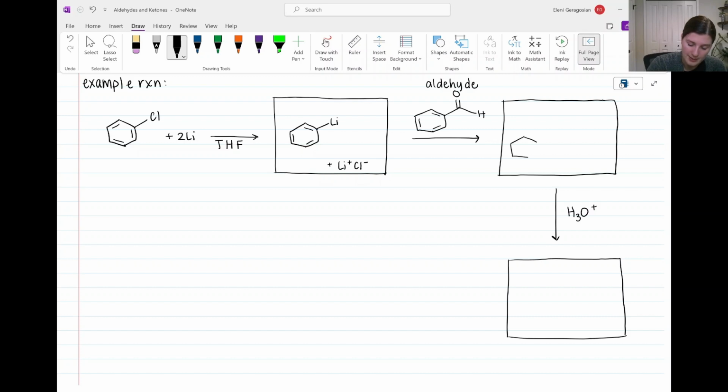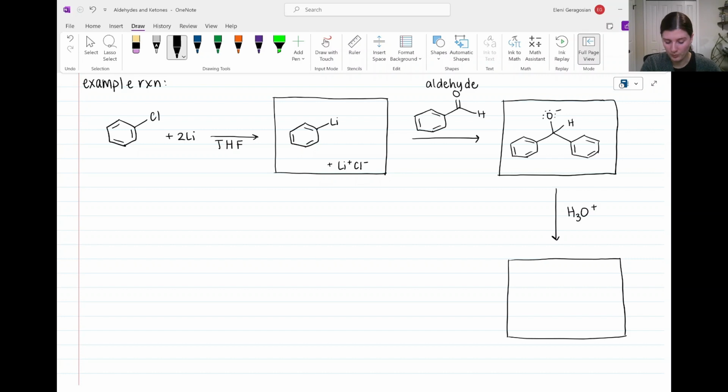So I'm going to start by copying the aldehyde molecule. So we've got carbon. That carbon to oxygen double bond will break. Carbon is still bonded to a hydrogen, and then now we have another phenyl ring bonded to that carbonyl carbon. At this point, there's nothing in solution to protonate that carbonyl oxygen, so it still has a negative charge at this intermediate step.